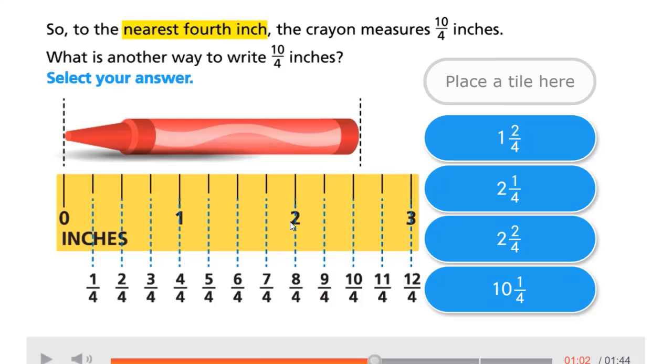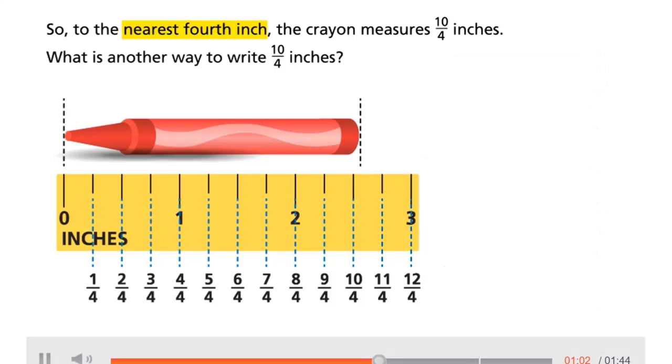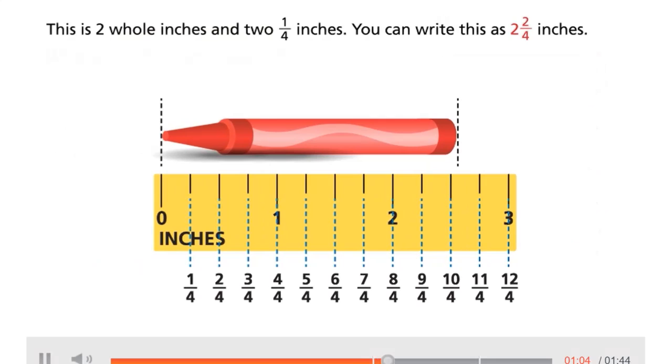So we're already at the 2-inch mark, and then we're 2 of those 1/4 size pieces after it. So 10/4 is the same thing as saying 2 whole plus 2 more fourths. This is 2 whole inches and 2 1/4 inches. You can write this as 2 2/4 inches.